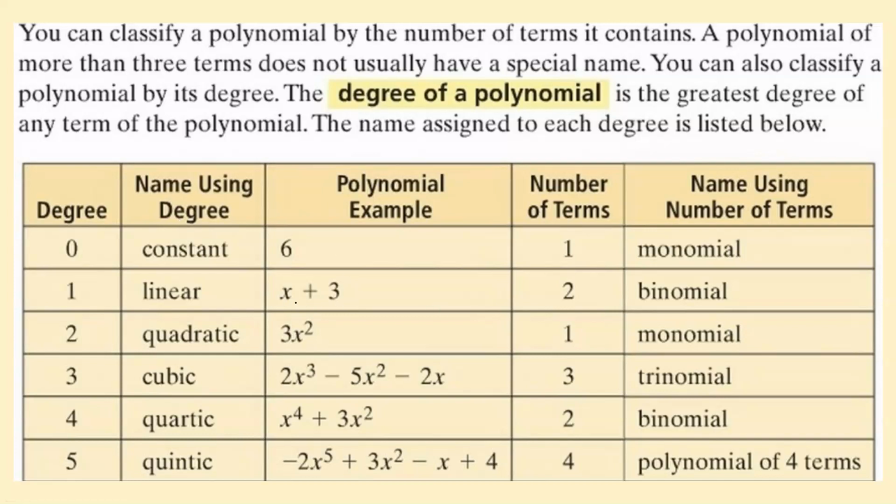Another polynomial example, x plus 3, 2 terms here, 1, 2. So that means it's a binomial. The degree here is 1. This has to be x to the first power. When the degree is 1, we call that a linear polynomial. Here we have 3x squared. Only one term here, so it's a monomial. The degree is 2. When the degree is 2, we have a quadratic.